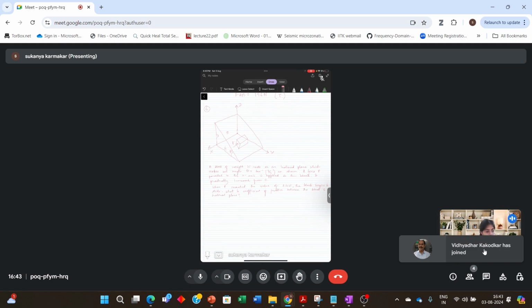Try drawing the free body diagram of this block, and that will help you in solving this question.